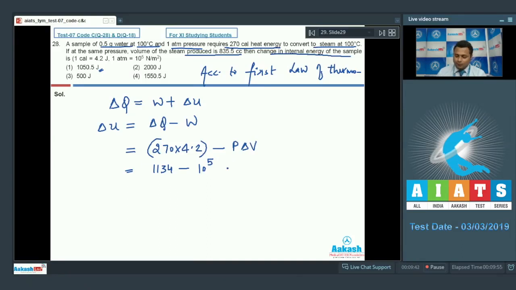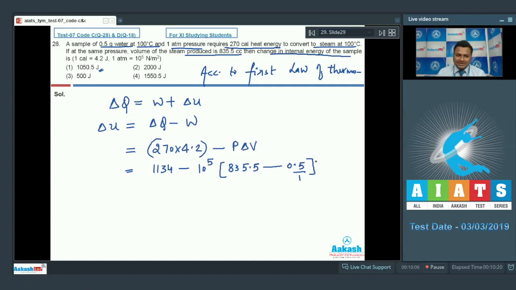We can write the change in volume: final is 835.5 centimeter cube minus initial. What is the initial volume of the sample? Mass is 0.5 gram, and the density of water we know is 1 in CGS. So we can write 0.5 divided by 1, in centimeter cube.